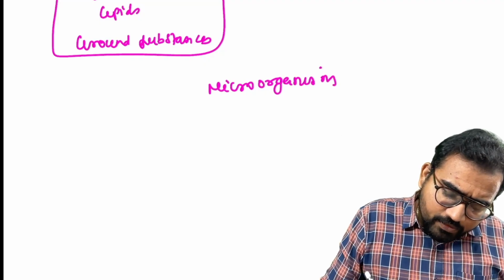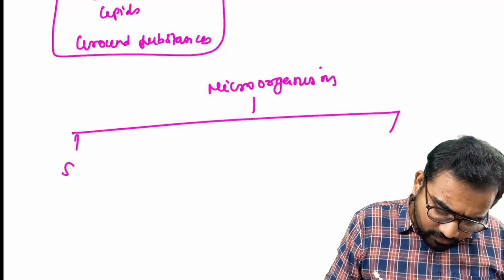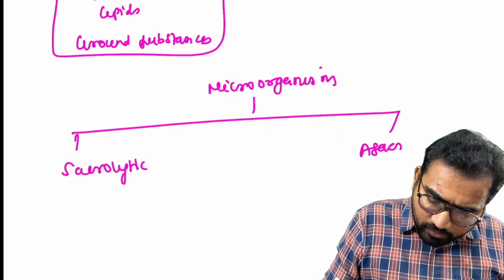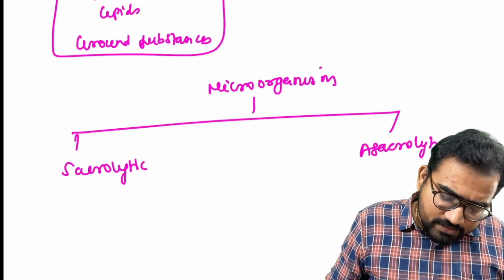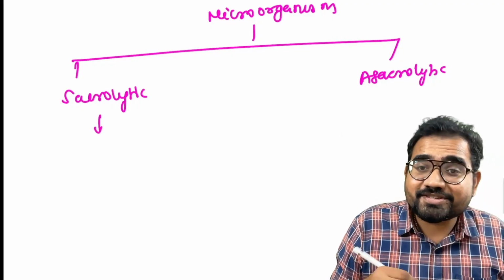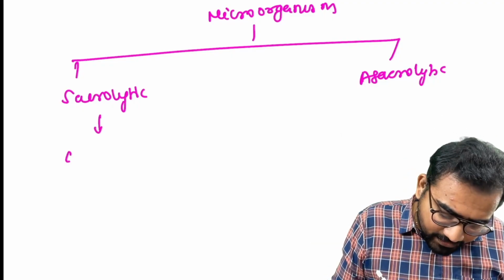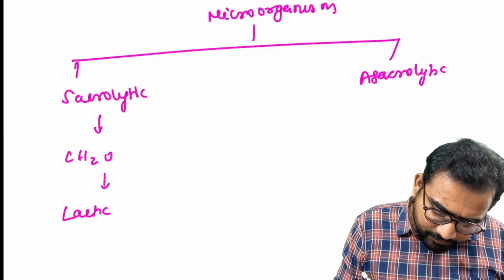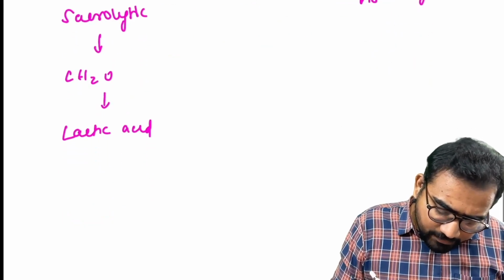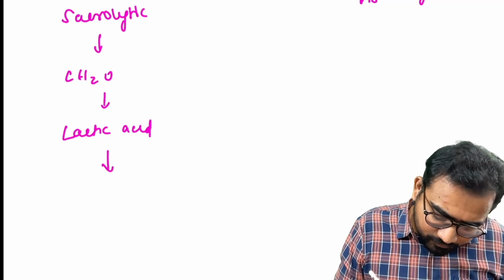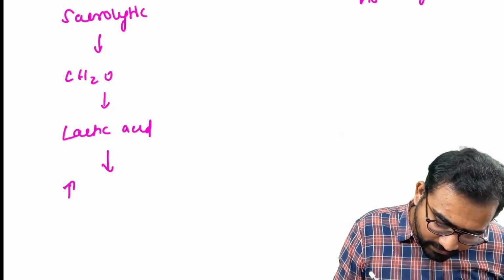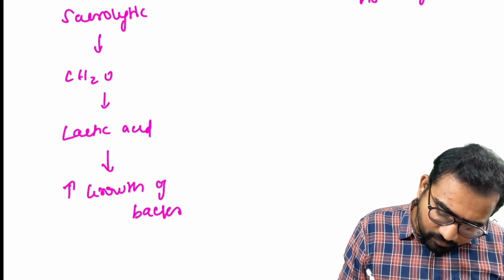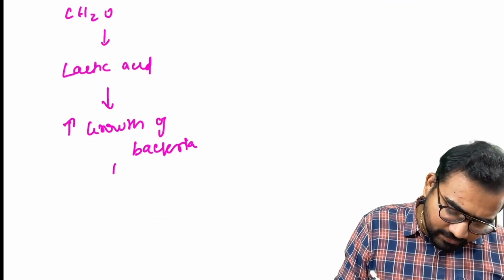Any microorganism will be either saccharolytic or asaccharolytic. Saccharolytic means it uses carbohydrates to produce lactic acid, and that helps in the growth of bacteria, especially gram positive bacteria.